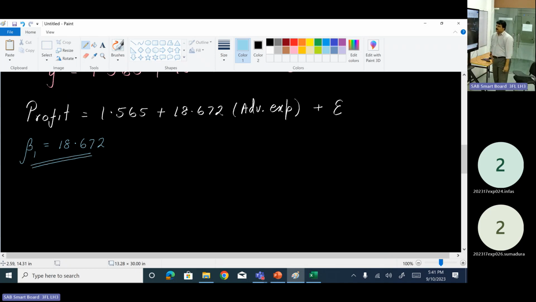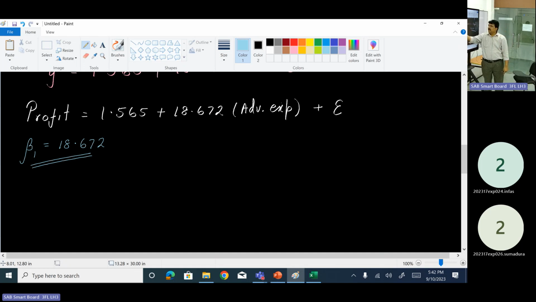So what is it? Right, we'll apply the idea. When we increase the x by 1 unit, y will change by beta 1. So here it is plus, so y will increase, right? So if we increase the advertising expenditure by 1 unit, what is the unit? Million.